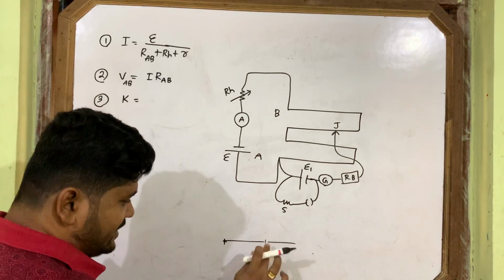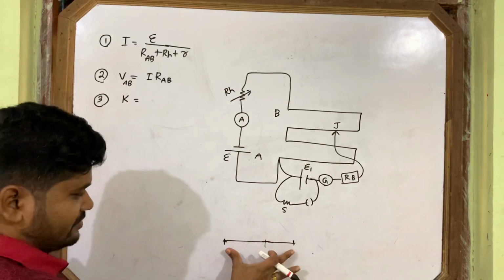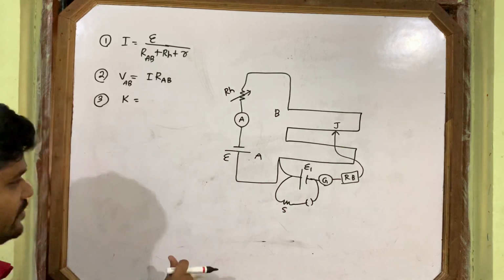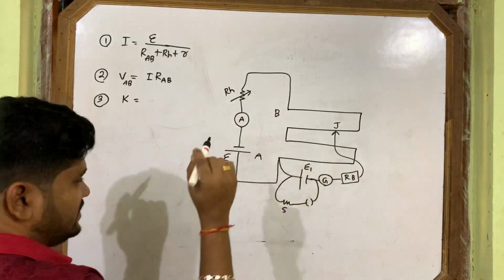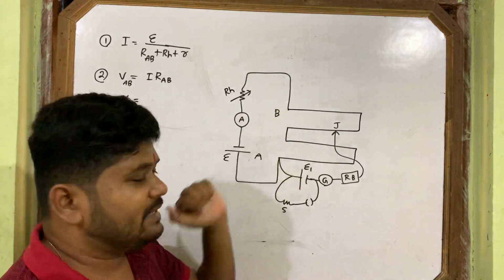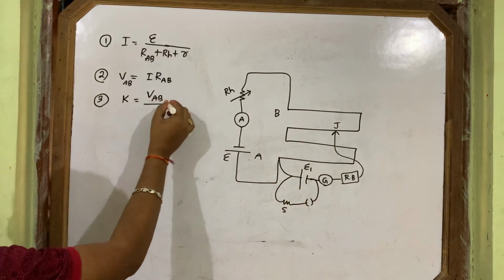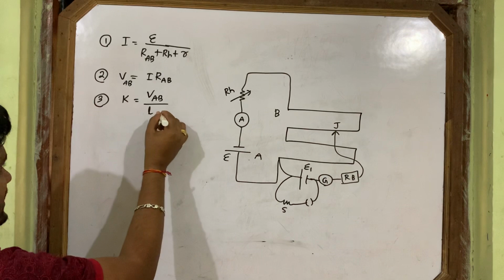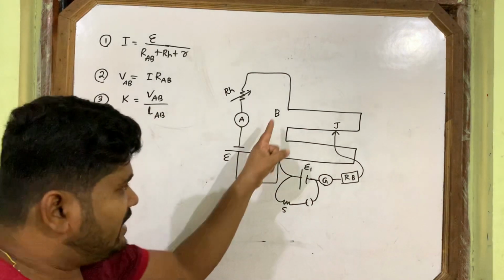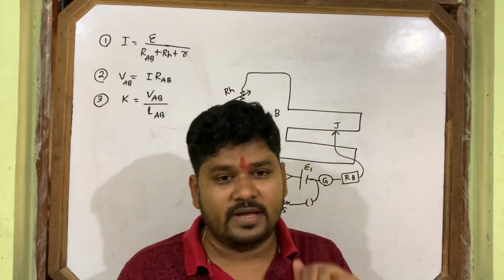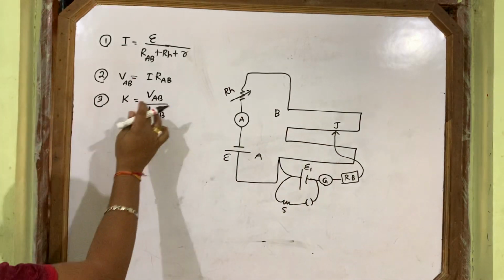If you are taking the length here, you also have to take the potential difference between these two points. So now here, if I calculate the gradient taking A to B, what is the potential drop between A and B? V_AB. And what is the length? L_AB. In the whole wire, the potential drop that happens, and the whole wire length I am taking. So this is the potential gradient.